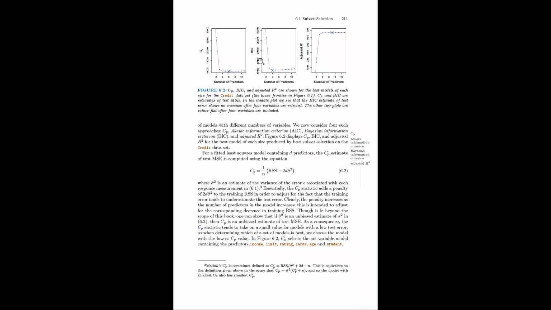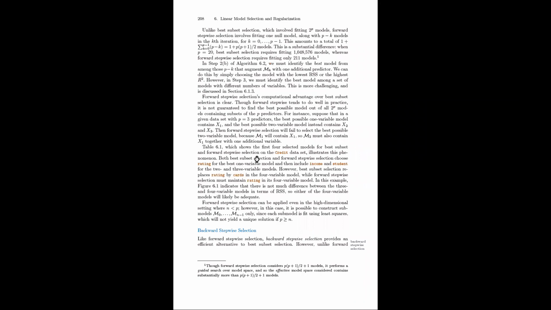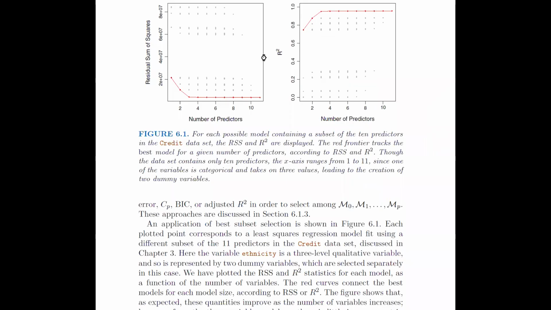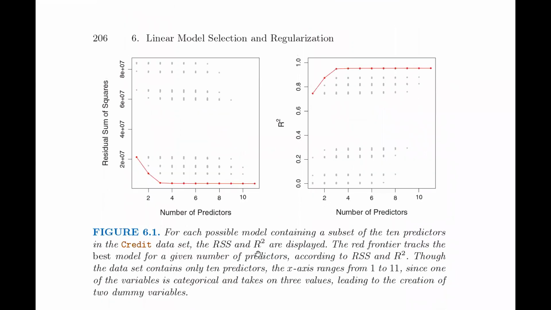Here we go. No, that's figure 6.2. Oh, right, this one. Figure 6.1. Okay, in any case, there's not much of a big difference between 3 predictor variables and 4 predictor variables.